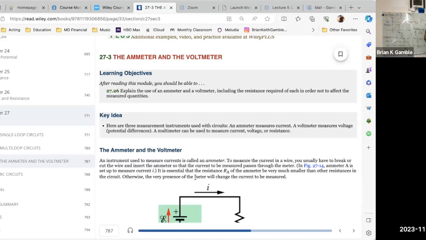So maybe I do it like this. Minus, but then minus I of t, times R, and then go all the way back around and then back to zero. So ultimately, this is the differential equation I'm solving: Q over C plus I times R equals 0.